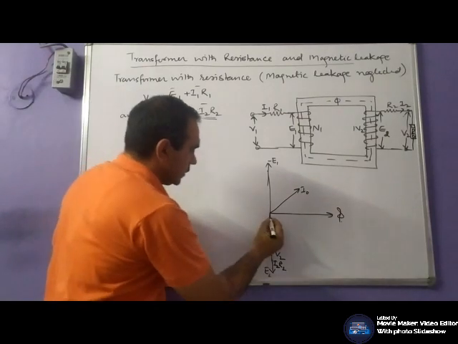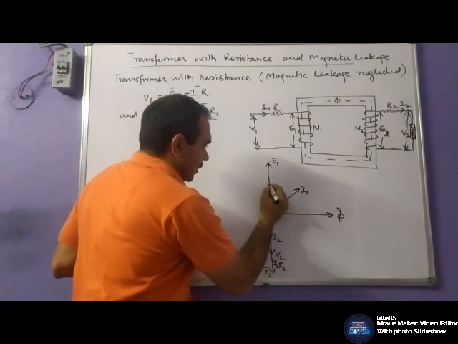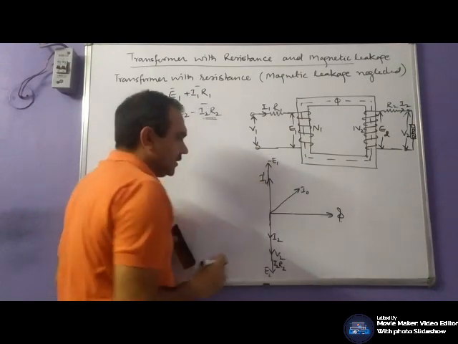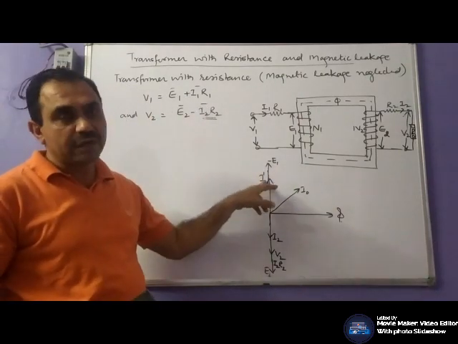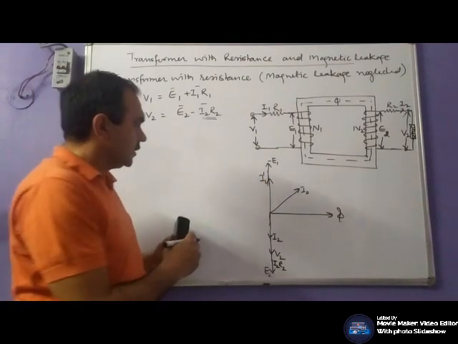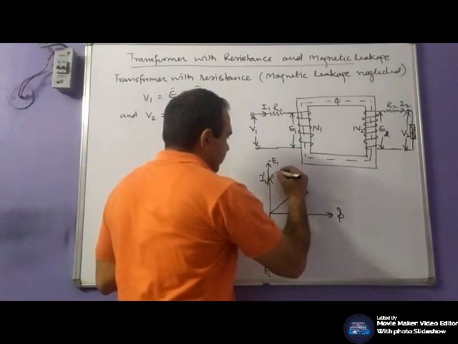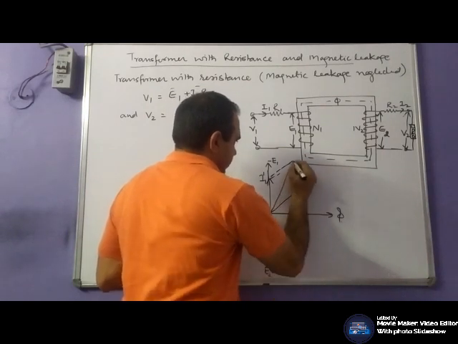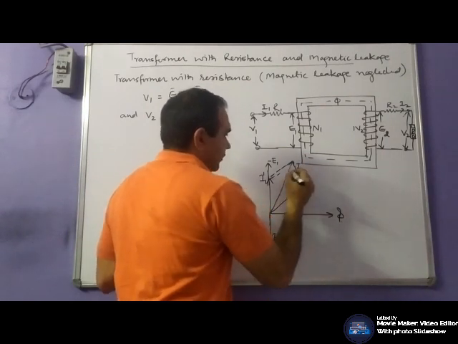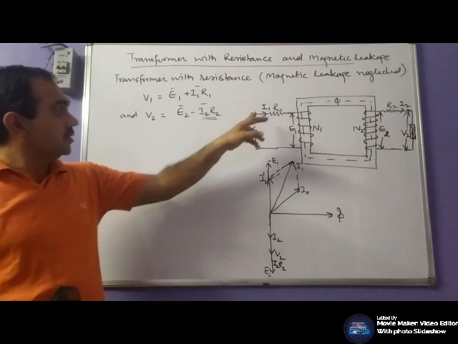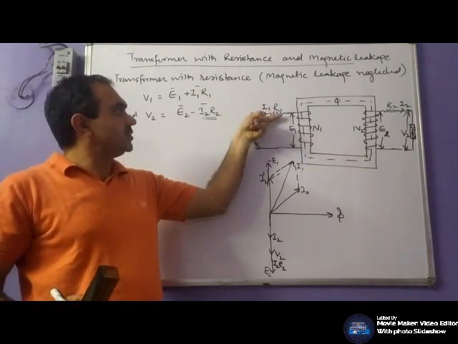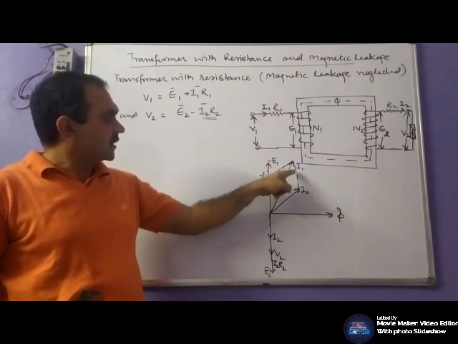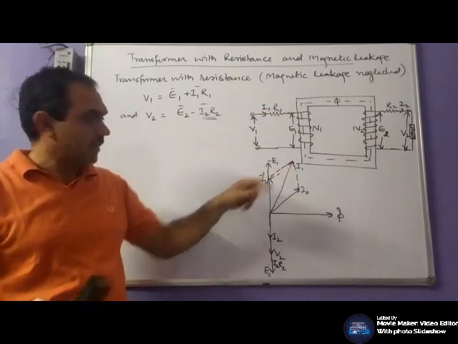Now, the counterbalance current I1 dash is in phase opposition to I2. The resultant current is I1. Now, the voltage drop across this resistance and the current are in the same phase.